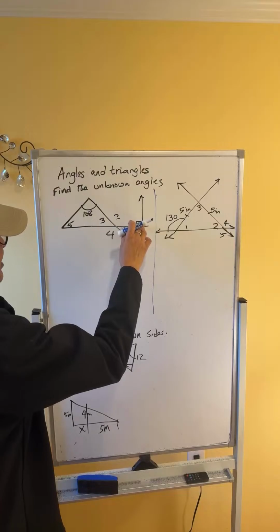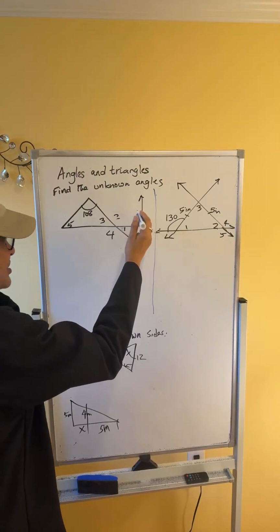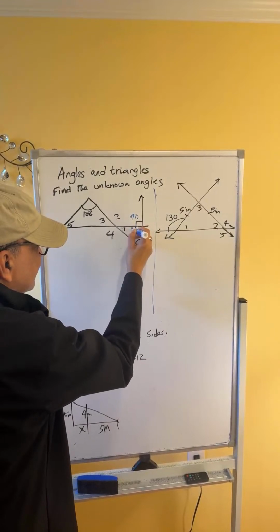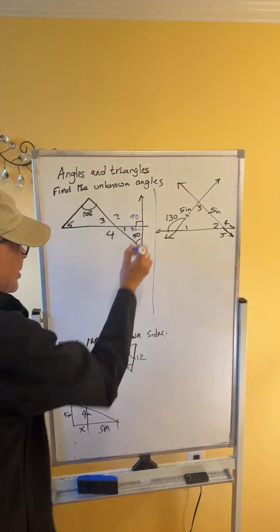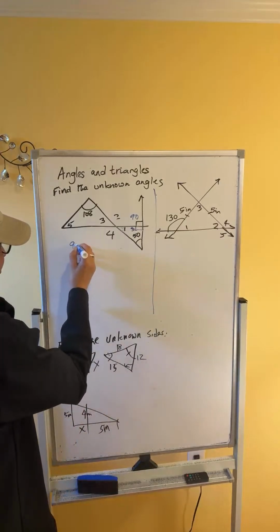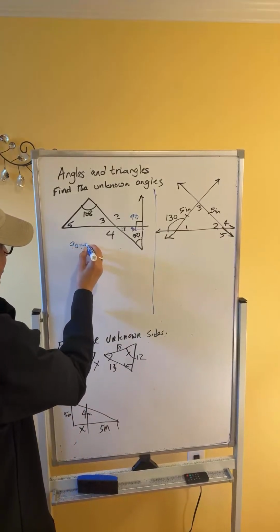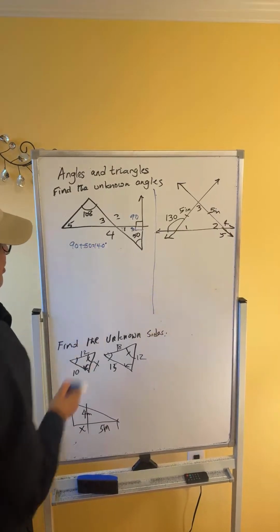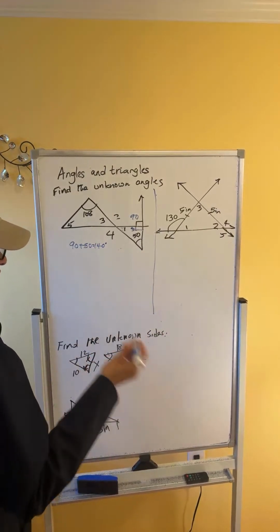We know this is a right angle, so this is 90 degree. So that means this angle is also a right angle, 90 degree. So 90 plus 50 is 140 degree. We know three angles of a triangle make up 180 degree.